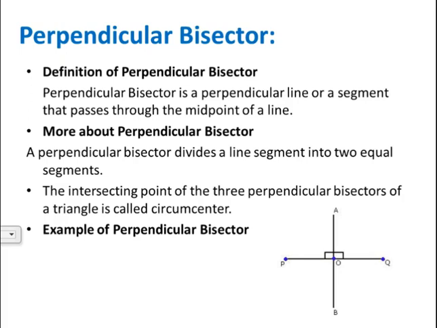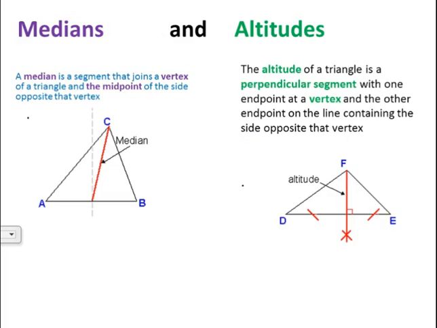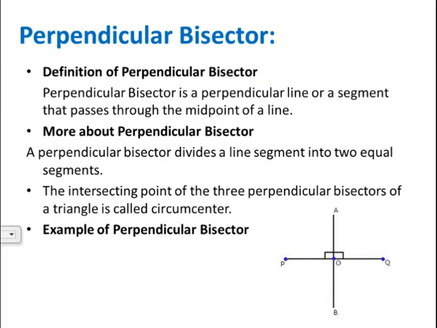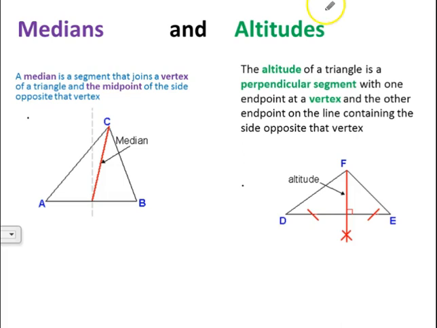All right, so we're going to learn about 3 types of segments that are found in triangles. So those three special segments are medians, altitudes, and perpendicular bisectors. So let's start with medians.